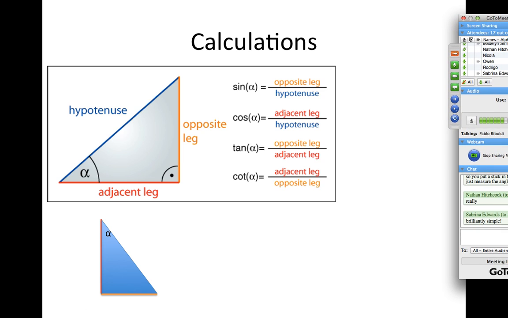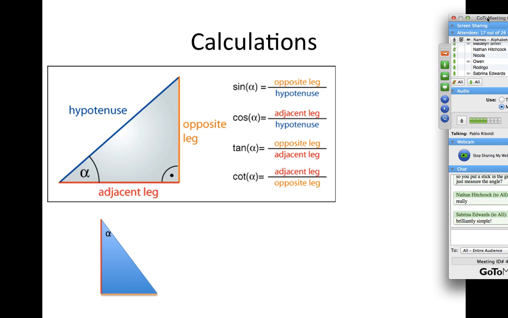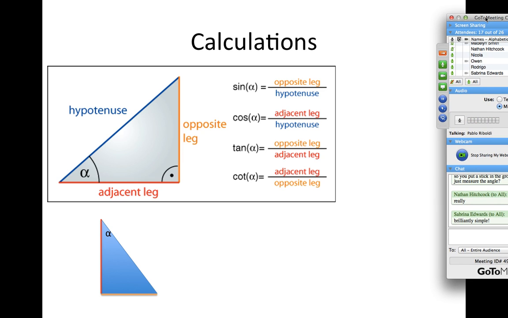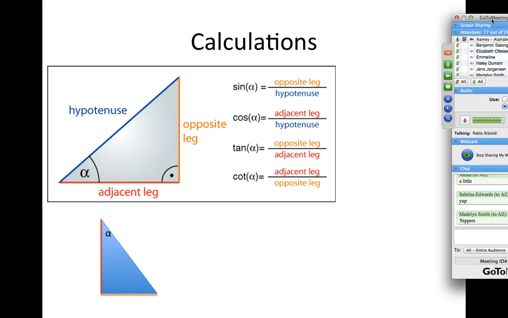Have you done trigonometry in your math classes? Some of you may have already done trigonometry, others may not, okay? Trigonometry is one of the most useful disciplines in mathematics. It's basically the measurement of triangles, mostly right angle triangles.